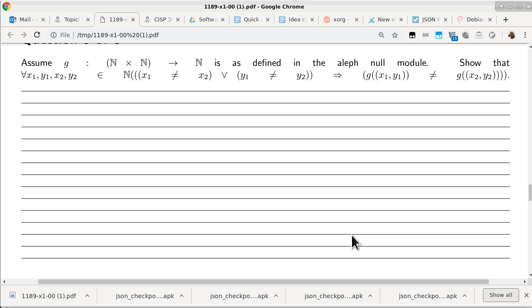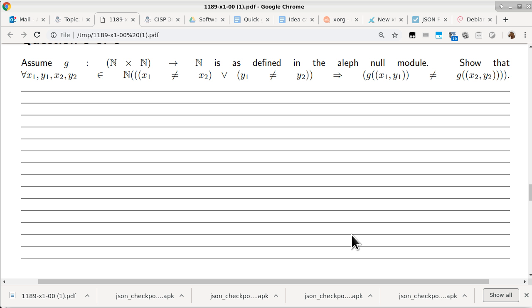So, we know what a G is. So the question is, show that... What do we want to show? Choose values for x1, y1, x2, y2 as elements of N. So each one of these is a natural number.